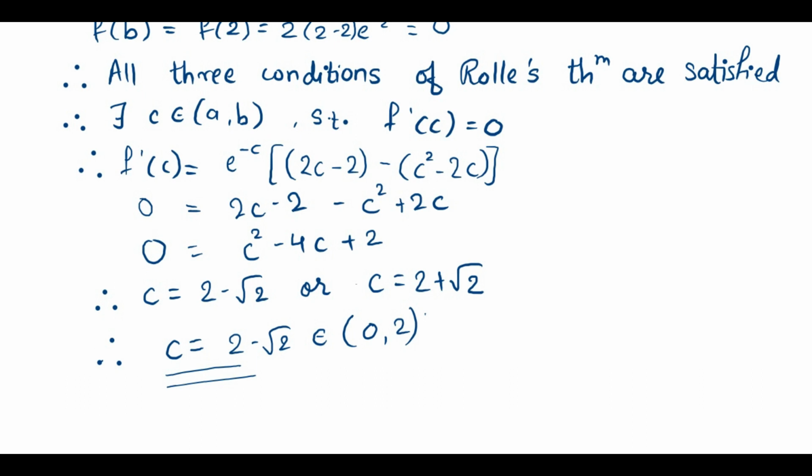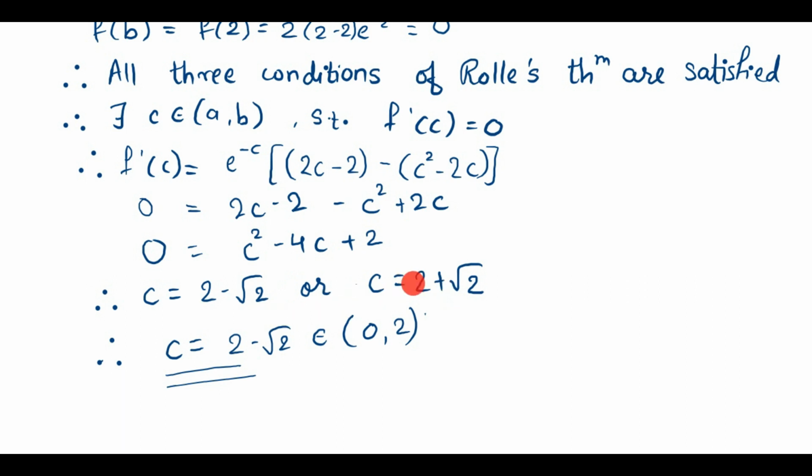So f'(c) we got is e^(-c)[(2c - 2) - (c^2 - 2c)]. Now by Rolle's theorem we equate f'(c) equal to 0. Therefore we get a quadratic equation, that is c^2 - 4c + 2 = 0. By solving this we get two roots, that is c = 2 - root 2 or c = 2 + root 2.